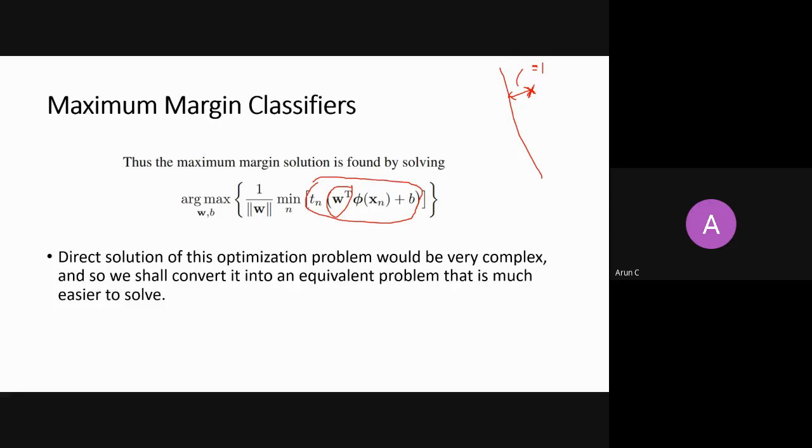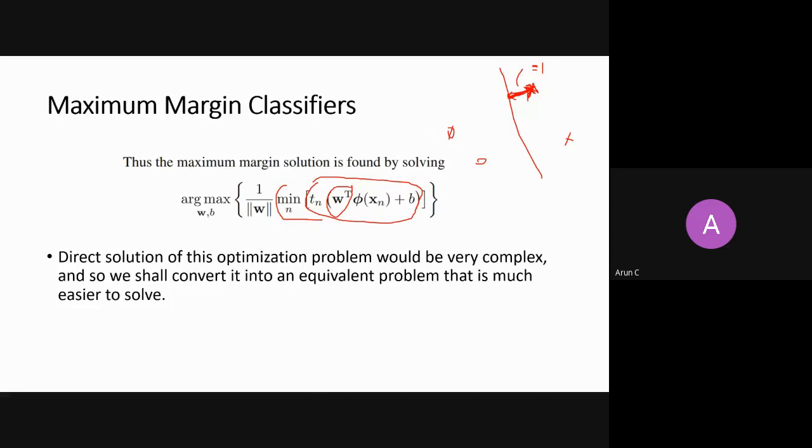Very good. Now I know what my minimum is. Out of all these points, this was the minimum point. Once I know the minimum, I can scale my W such that the perpendicular distance from this nearest point is equal to 1.